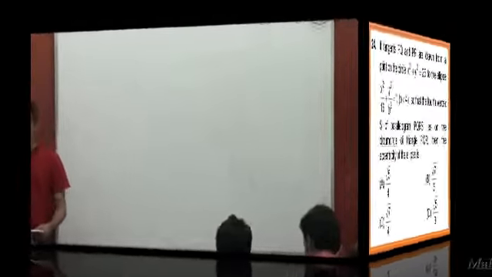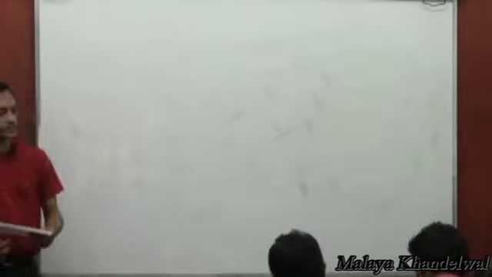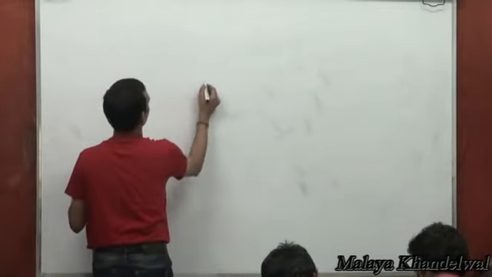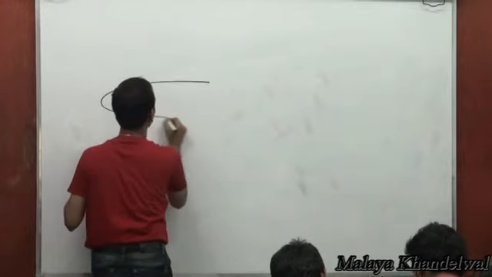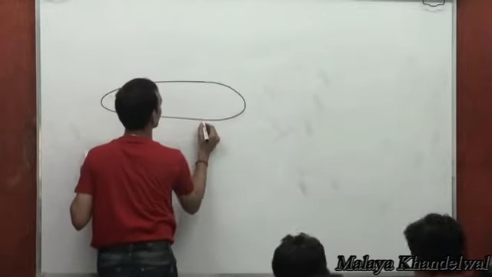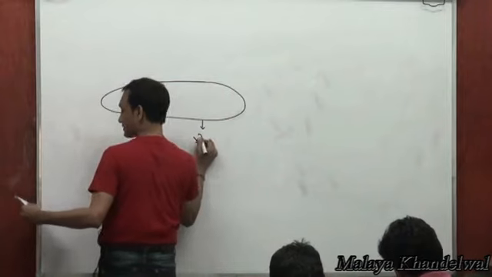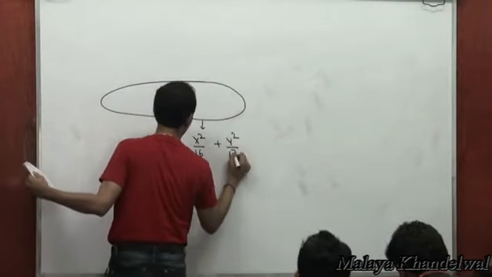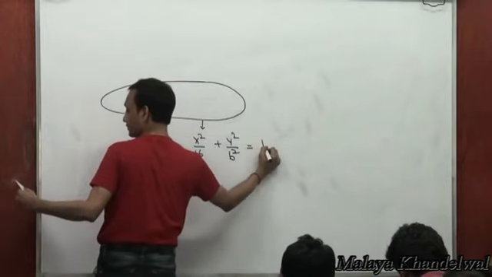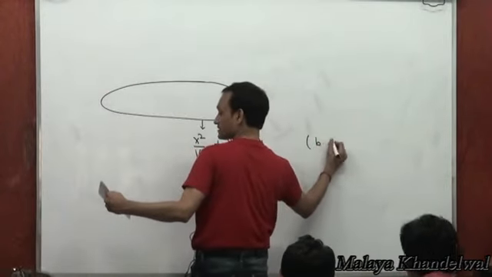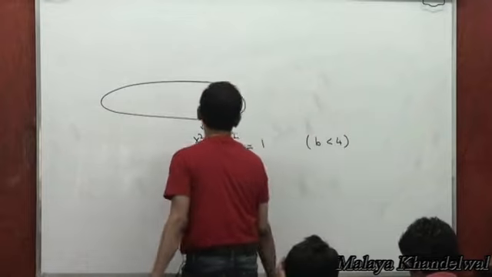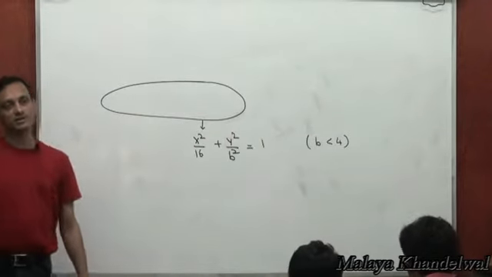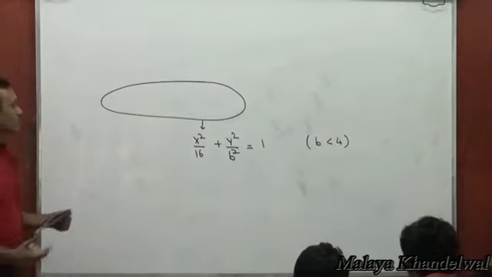If tangents PQ and PR are drawn from a point on the circle x squared plus y squared equal to 25 to the ellipse x squared by 16 plus y squared by b squared equal to 1, where b is less than 4. That means b must be the semi-minor axis. B is less than 4 means it must be the semi-minor axis.